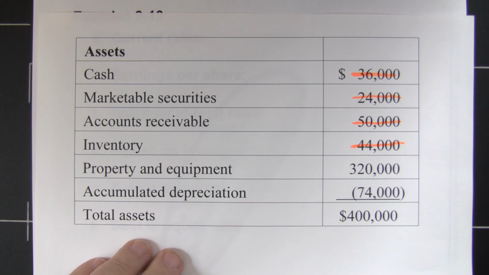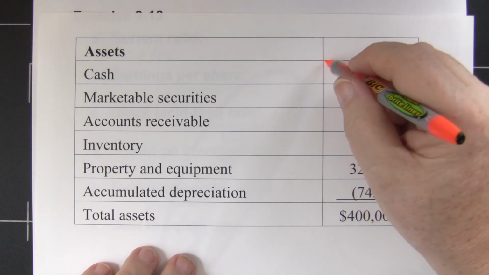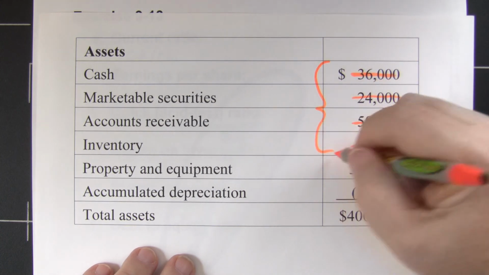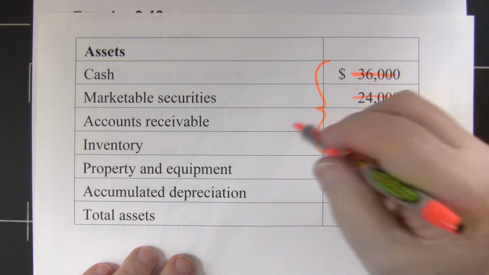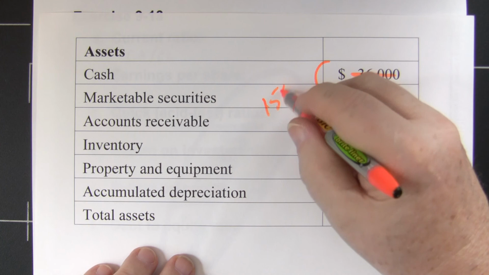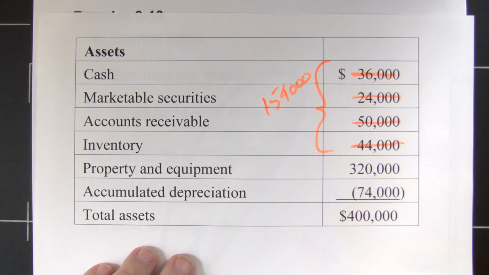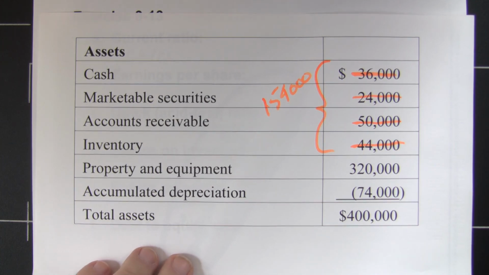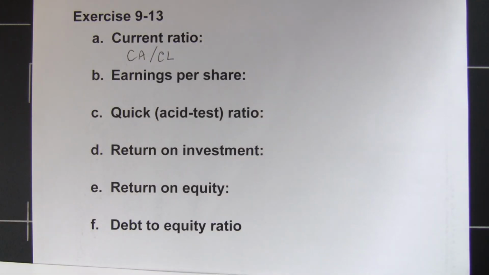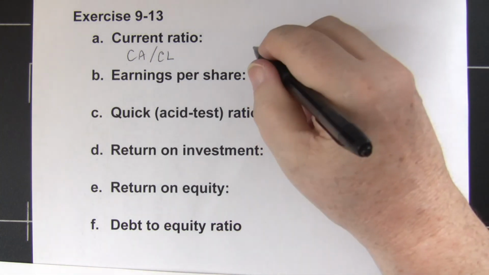They're things that you can turn into cash relatively quickly. They are all current assets. And when you add those together, you come up with $154,000. So our current assets are $154,000. So that's the first part that we need.